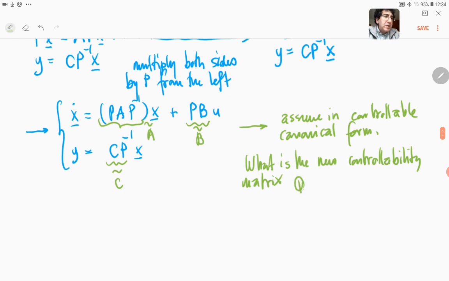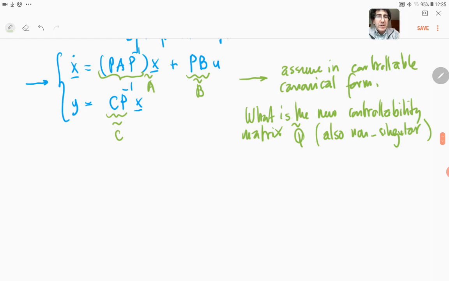Let's call this Q tilde, also non-singular, because the controllable canonical form is always controllable. Let's calculate this controllability matrix. It is composed of B tilde, A tilde B tilde, up to A tilde to the power n minus 1 B tilde.